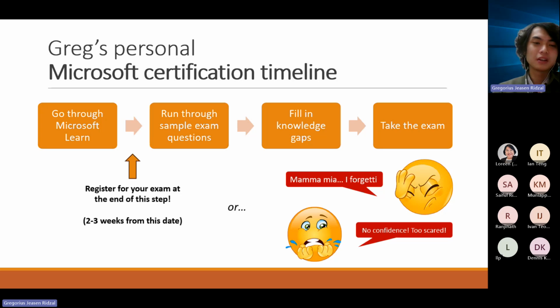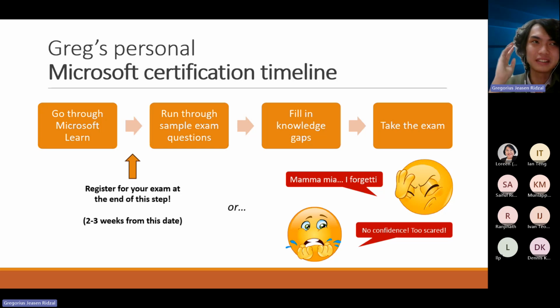Because the first time I did the certifications was with the AZ-900, so I did the one on Azure Cloud Services. After I did my Microsoft Learn, I was going through these sample exam questions over a 2-month period, and at that point, some of the stuff I learned at the beginning of the course in Microsoft Learn, I was starting to forget, right? So time is of the essence.